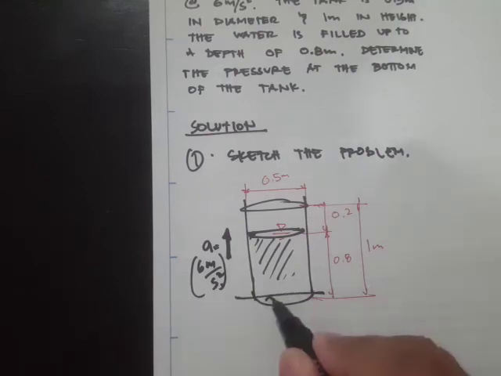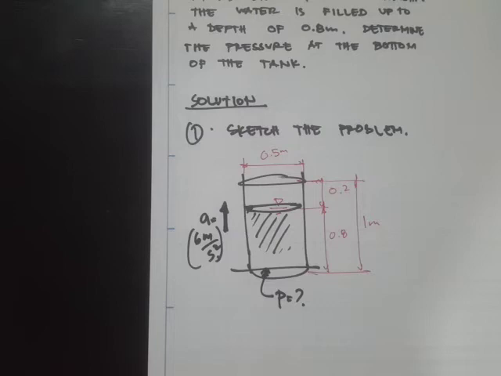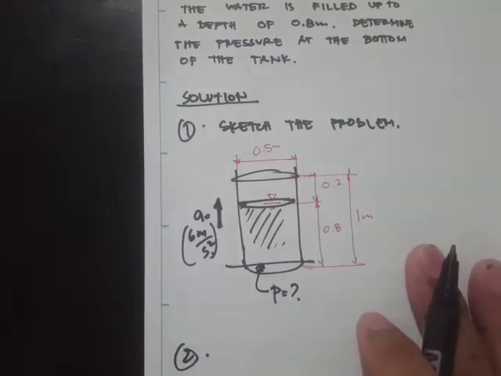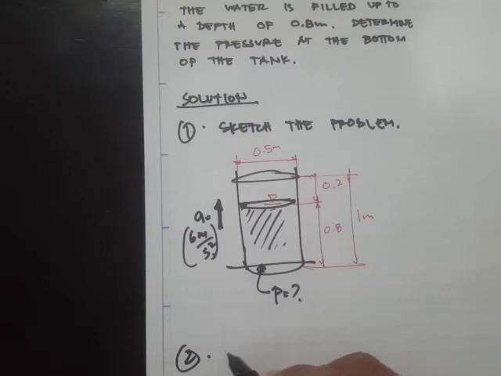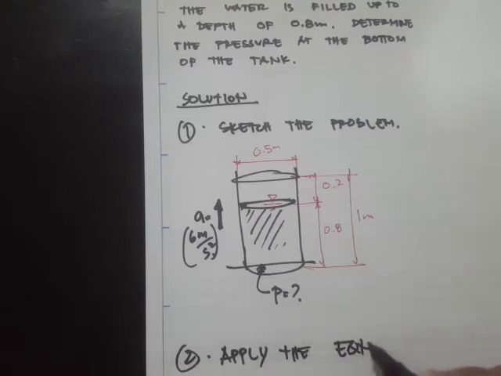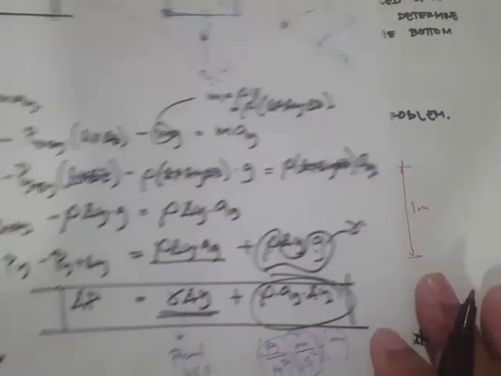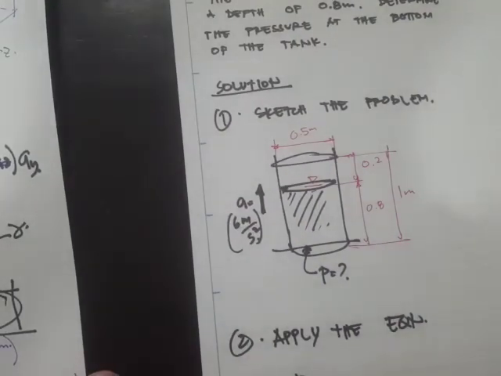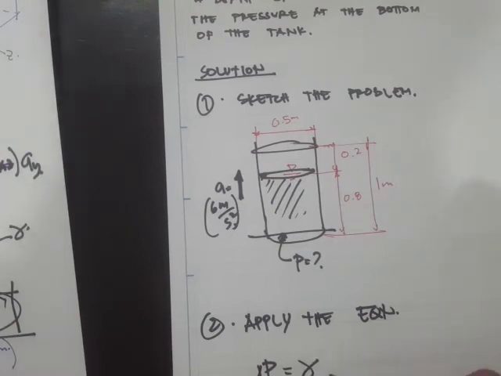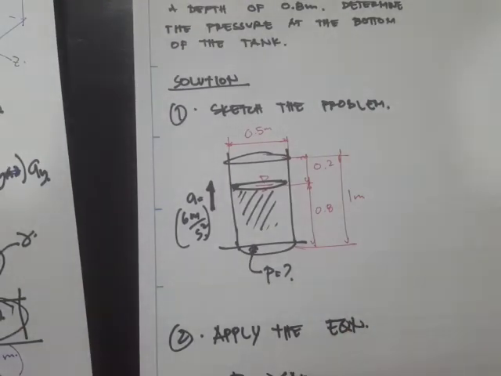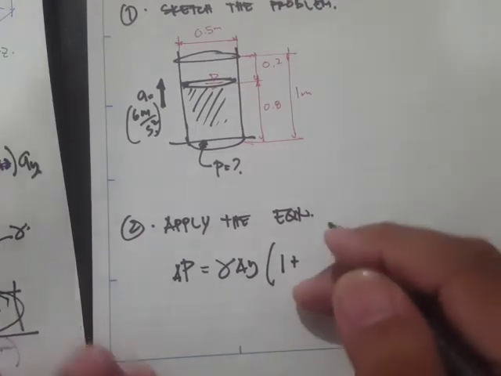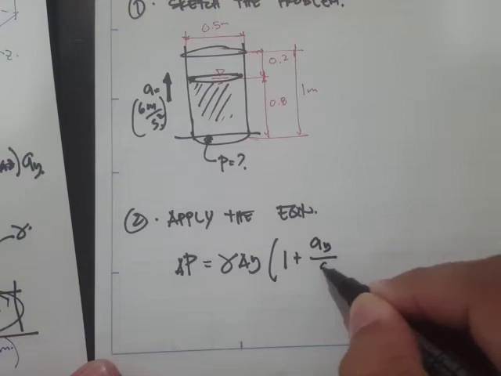We are asked to find the pressure at the bottom of the tank with this acceleration. Since we know the equation, let's just apply it. Delta P is equal to the unit weight of the fluid, the water, times delta Y times 1, plus since it is upward, plus since it is accelerating, ay over g.